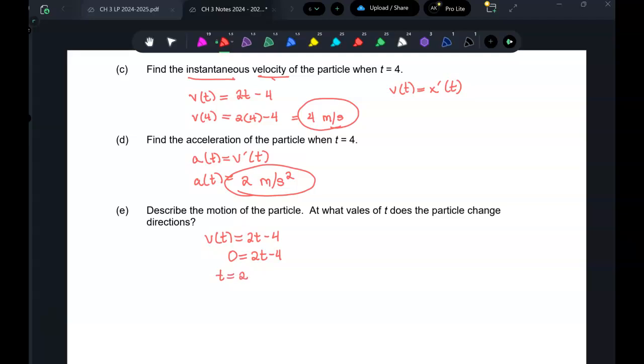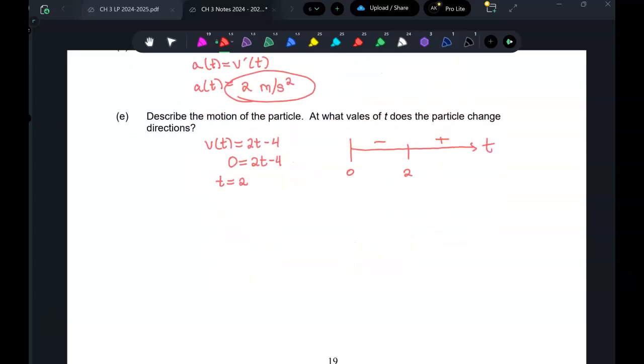So if I do a quick number line, when t equals 2, my velocity is 0. So that's when the particle is going to be stopped. If I pick a value between 0 and 2, say 1, I'm going to end up with a negative velocity. If I pick anything bigger than 2, I'm going to end up with a positive velocity.